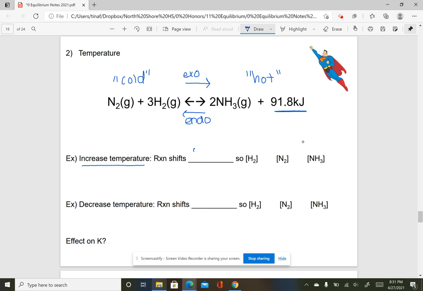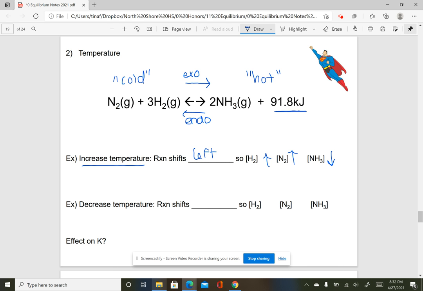Going to the left, going to the cold side. So if I'm going to the cold side, right, I'm going towards the reactants. I'm doing the reverse reaction faster than the forward one. So what's going to happen to my amount of N2 and H2? They're going to increase because they're on the left side. And my NH3 is going to decrease because it's on the right side.